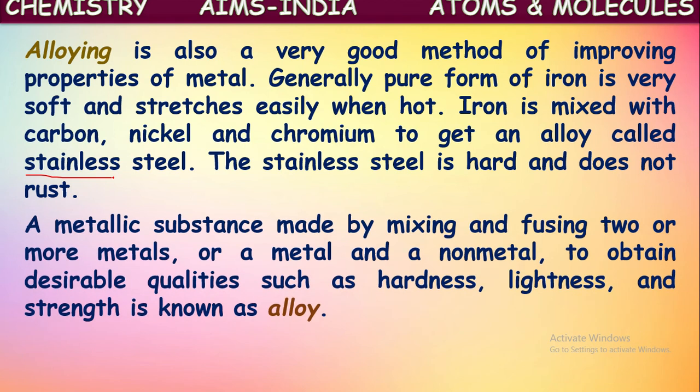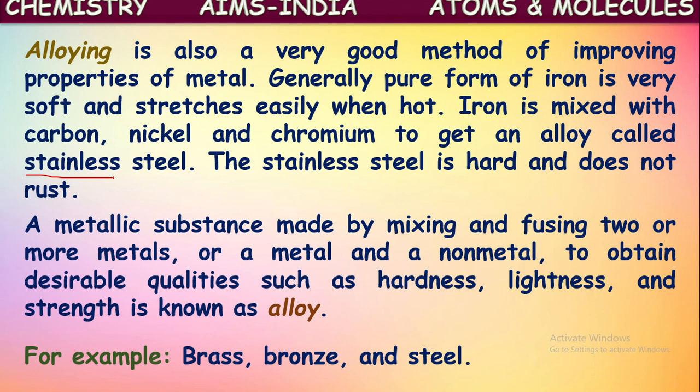A metallic substance made by mixing and fusing two or more metals, or a metal with a non-metal, to obtain desirable qualities such as hardness, lightness, and strength is known as an alloy. We can see some examples for alloys here: brass, bronze, steel. These are all alloys made from different metals.